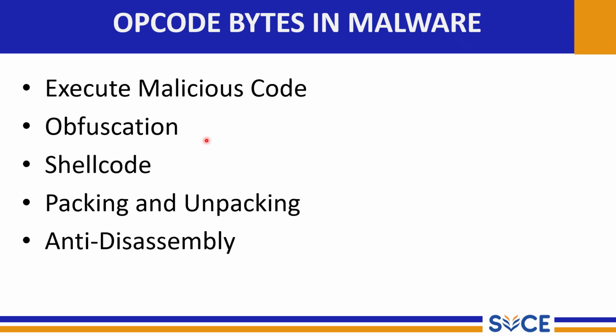Techniques like metamorphism and polymorphism involve rewriting the malware's opcode sequence to create new, slightly different versions of the same malware, each with a different signature. This makes it much harder for antivirus software to identify and block.